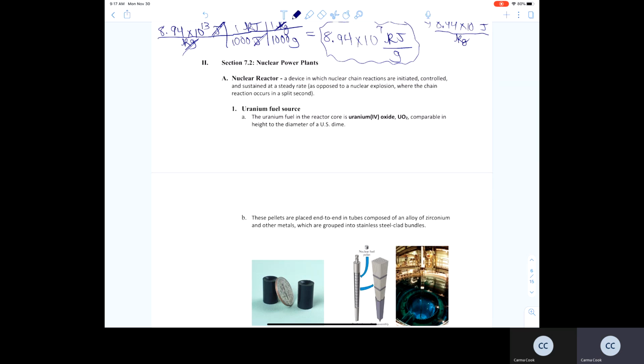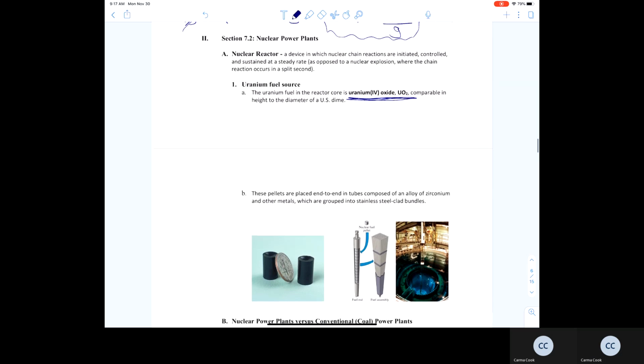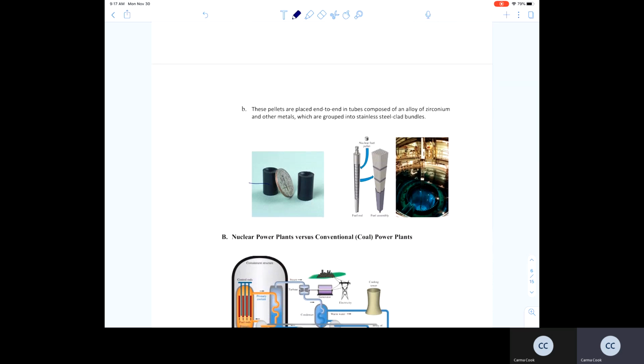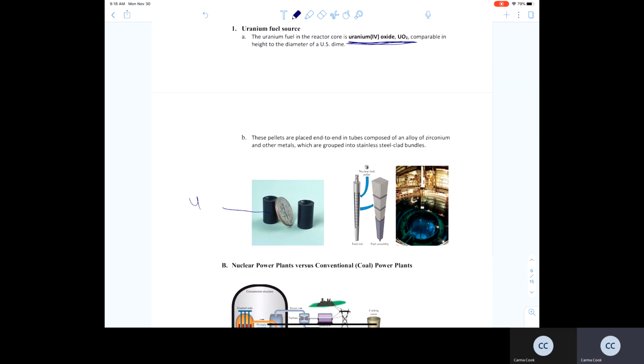Most nuclear reactors in the world, and definitely in the United States, use uranium as the fuel source. It's the uranium isotope that gets split by nuclear fission inside of the nuclear reactor. And the uranium fuel source is actually uranium-4 oxide, UO2. Here are some pellets of uranium-4 oxide.